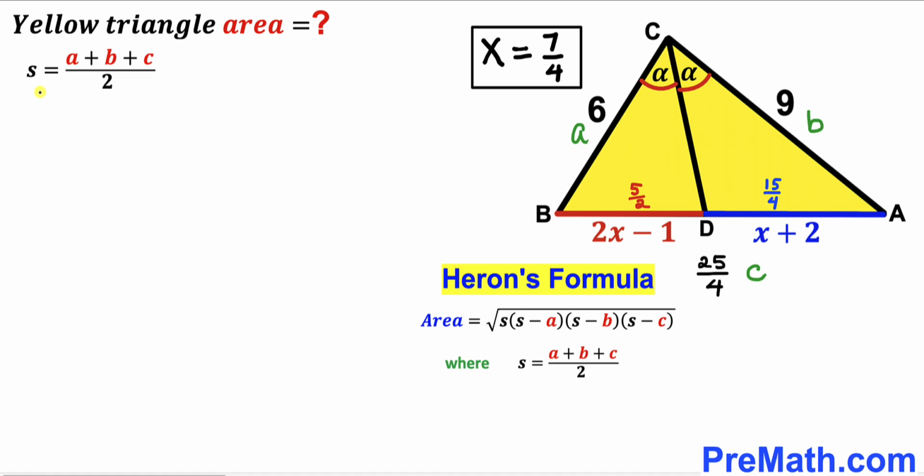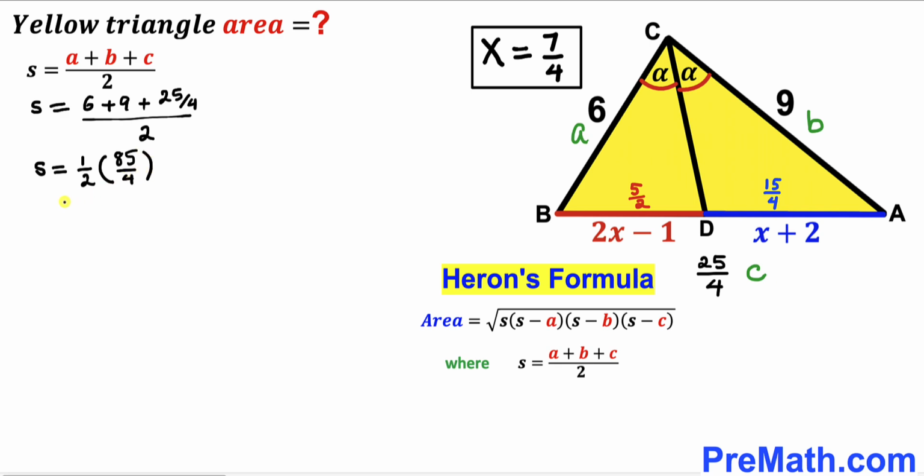Now we are going to calculate this s value by simply substituting a value as 6 plus b value as 9 plus c value as 25 divided by 4, all over 2. If we add all these numerators, this adds up to 85 divided by 4. So I can write s is equal to 1 divided by 2 times 85 divided by 4.